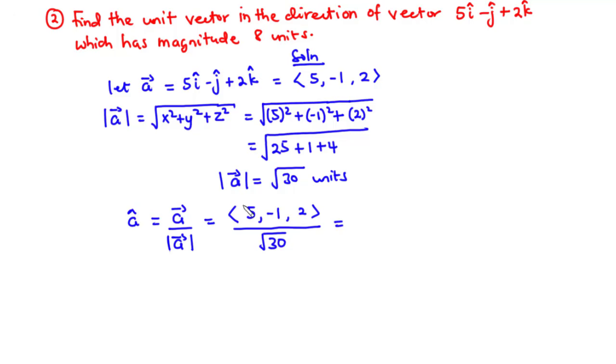So we are going to divide each component by root 30, so that we have 5 divided by root 30, comma, -1 over root 30, comma, 2 over root 30. So basically this is the unit vector in the direction of vector A. Now we are asked to find the vector in the direction of A which has a magnitude of 8 units. So we are going to multiply this vector by 8.